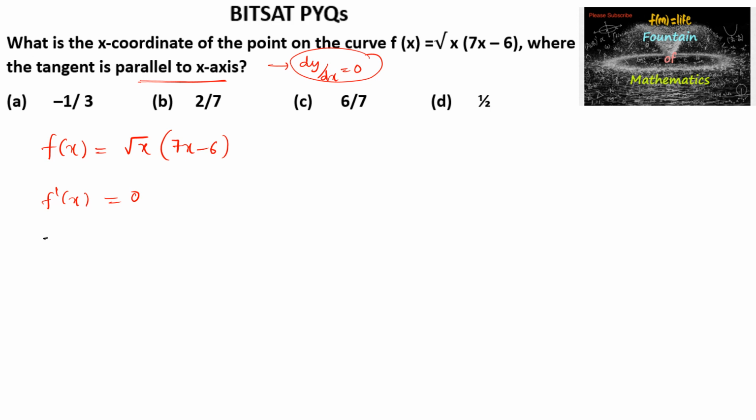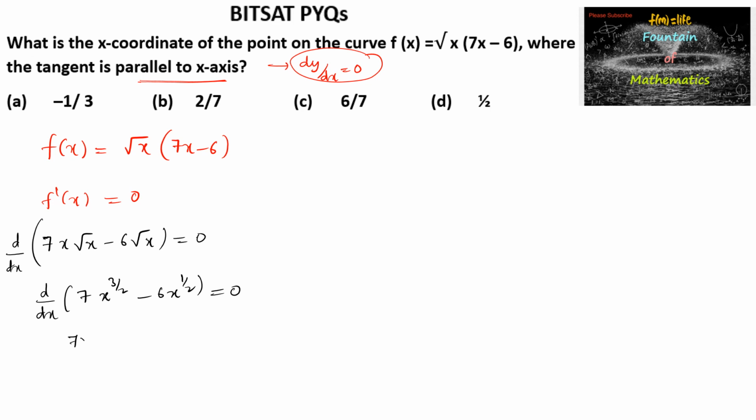That is, d by dx of 7 times x into root x minus 6 root x is equal to 0. That is d by dx of 7 times x to the power of 3 by 2 minus 6 times x to the power of 1 by 2 is equal to 0.